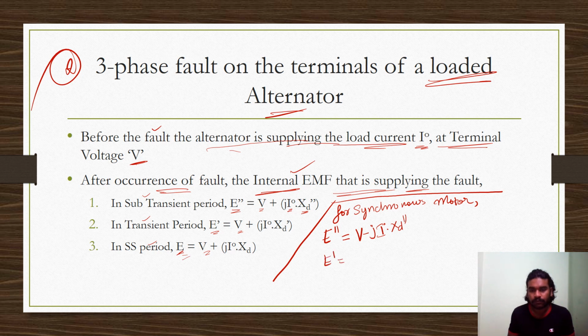E dash will be equal to V minus j I naught XD dash, and the steady state internal voltage will be V minus j I naught XD. Please keep this in mind. However, the synchronous motor is not going to be important for your exams, but I am just telling you.